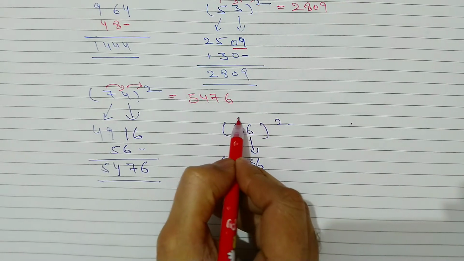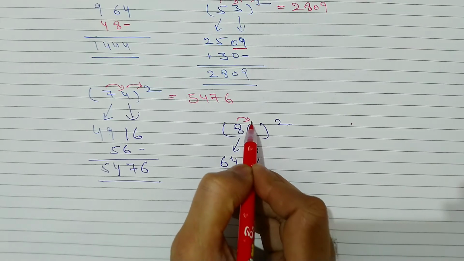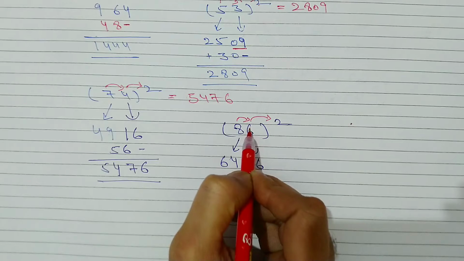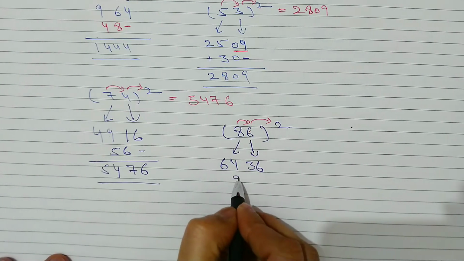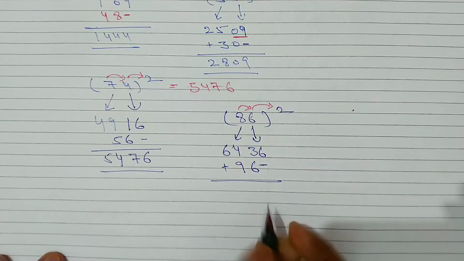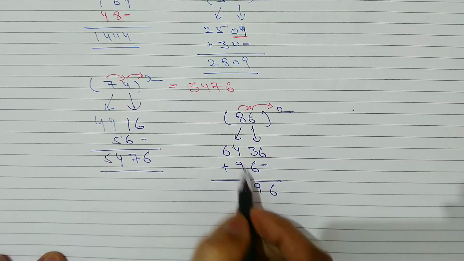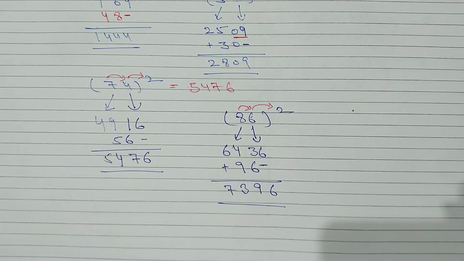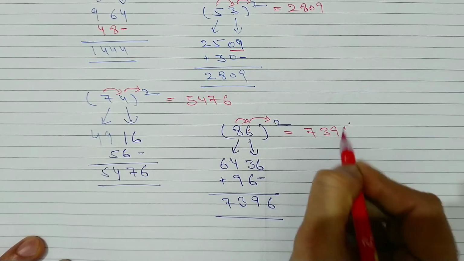Now next is 8 into 6. 8 into 6 is 48. 48 into 2, 96. We get 6. 6 plus 3, 9. 9 plus 4, 13. And 7. 7396. So the square of 86 is 7396.